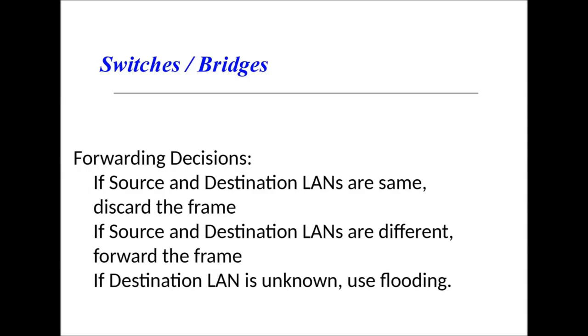Next point, if a frame enters the switch and the source MAC address is not in the address table, the switch creates an entry in the table. The switch will check the MAC address of the device that has transmitted data towards the switch. When the frame is received, the switch checks the source MAC address.